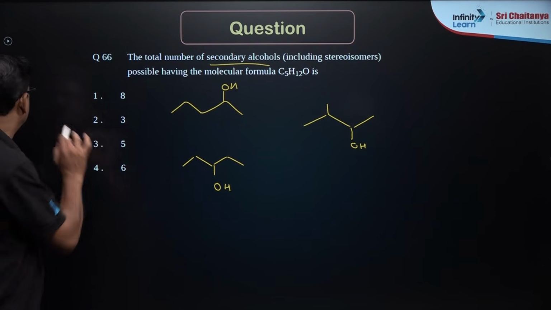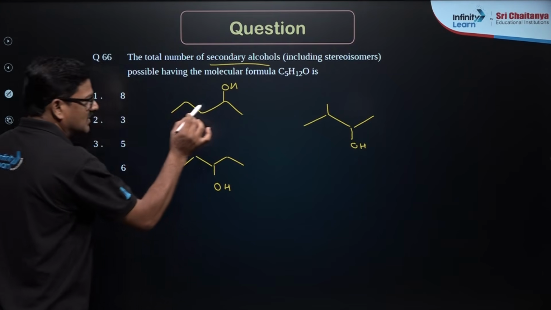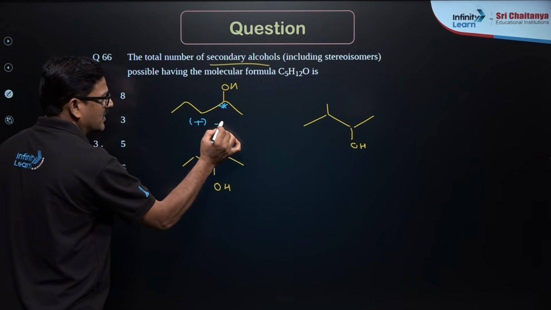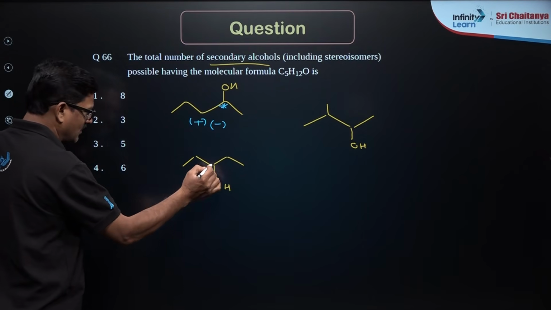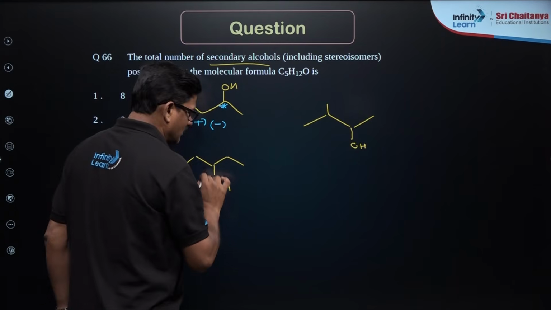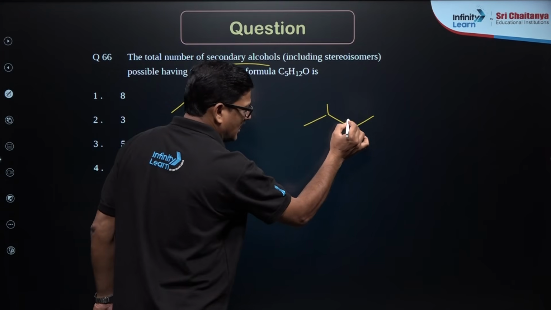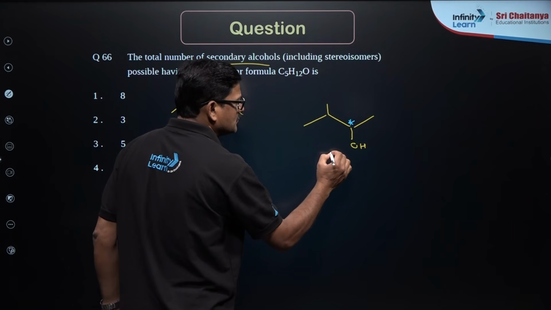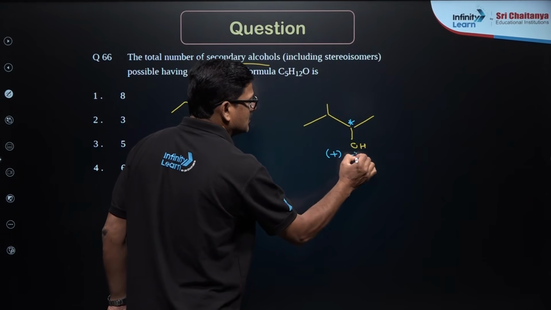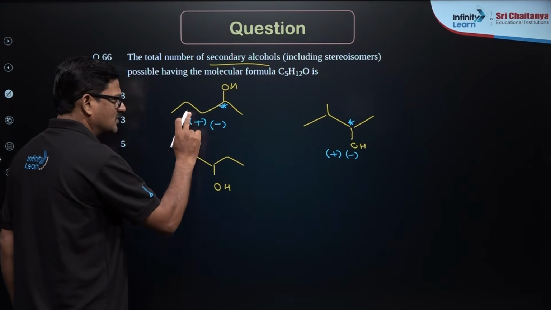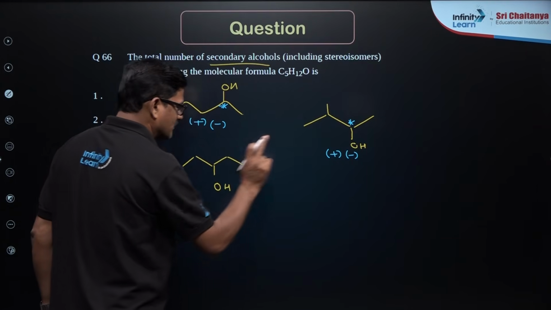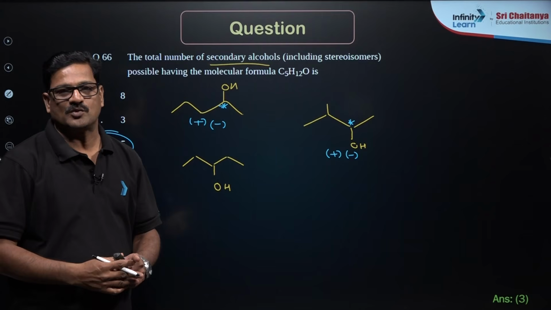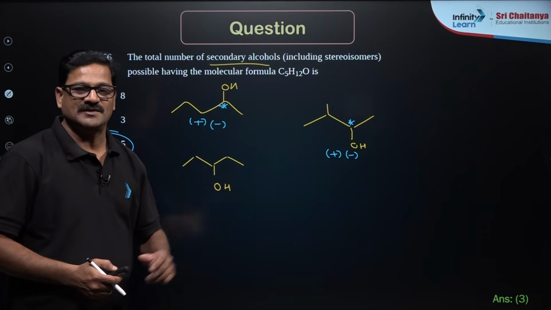If you consider this a chiral carbon, you are going to get plus and minus. This one, pentan-3-ol, is not a chiral carbon, and this is a chiral carbon, so you are going to see plus and minus. Total: structure 1, structure 2, structure 3, structure 4, structure 5. I got 5 structures. The answer for this question is going to be option 3.